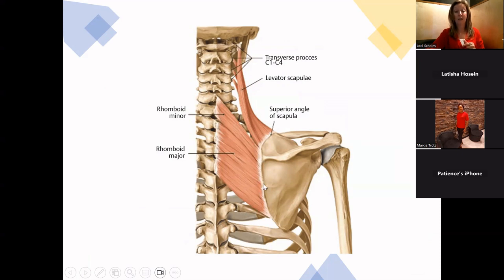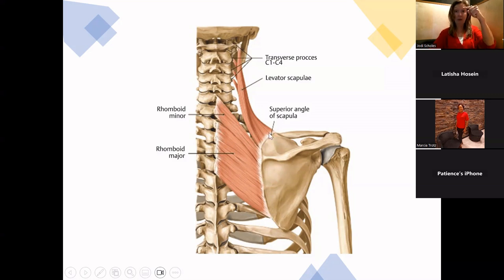This edge of the scapula is considered the medial part of the scapula because, as you know, medial means closest to the spine. We normally think about that in terms of the anterior, but it also holds true in the posterior. So this angle right here is the medial border.